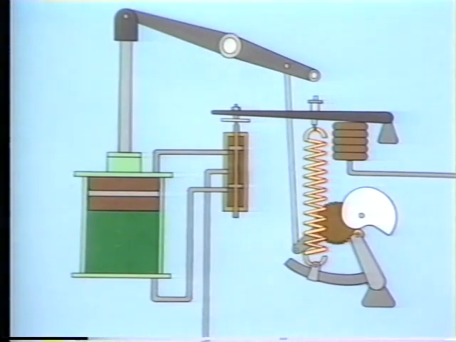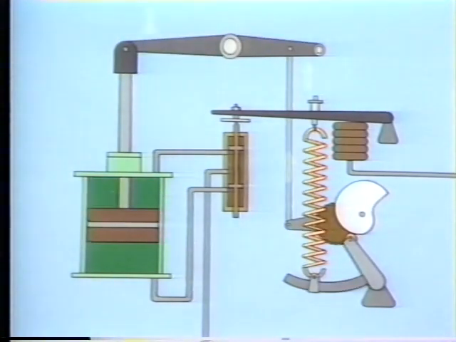As the piston and piston rod moves, the linkage that connects the piston rod to the drive arm of the positioner also moves. This rotates the drive arm and gears, the cam, and the spring beam assembly. As the spring beam assembly rotates, it pulls down on the spring, which pulls down on the balance beam.